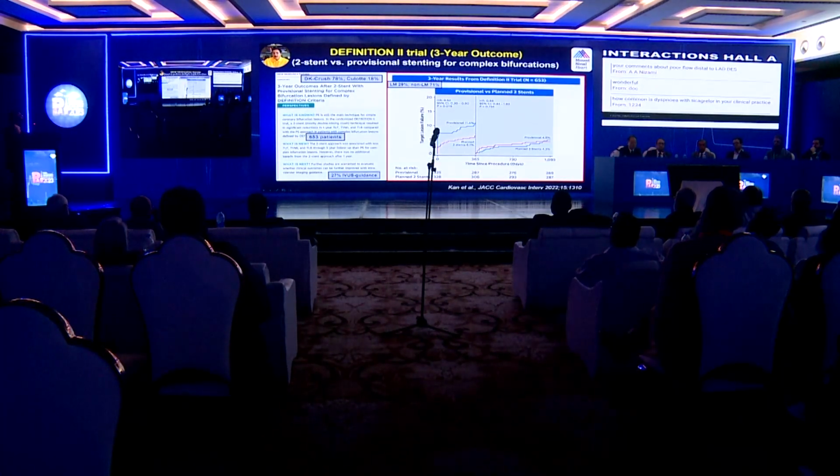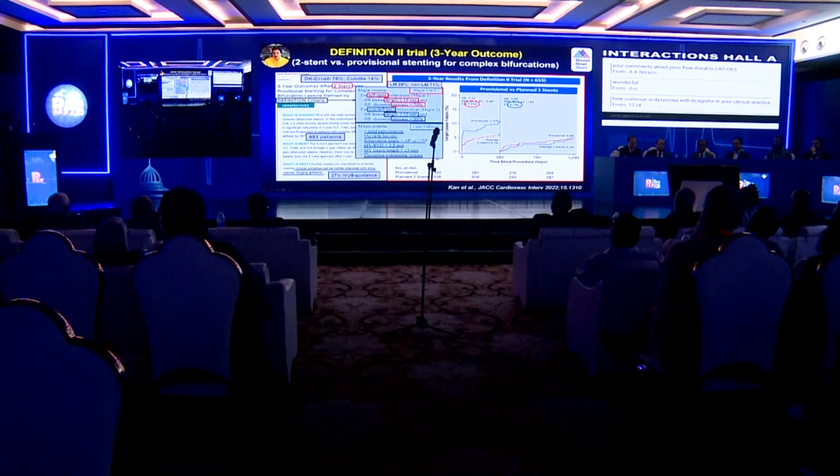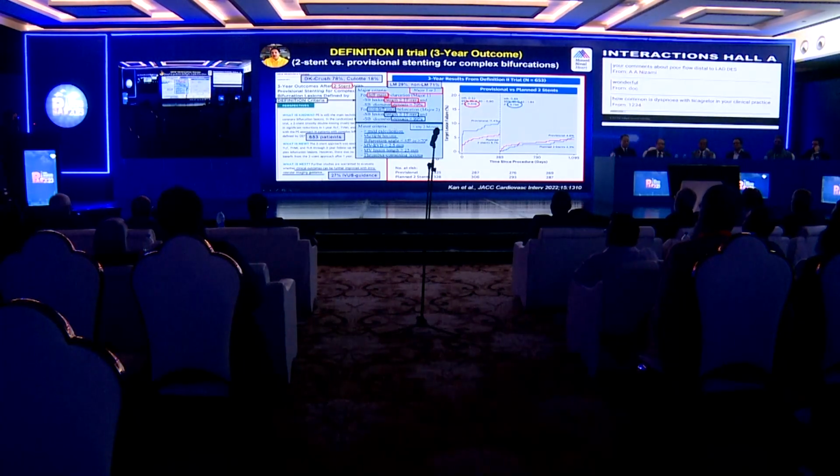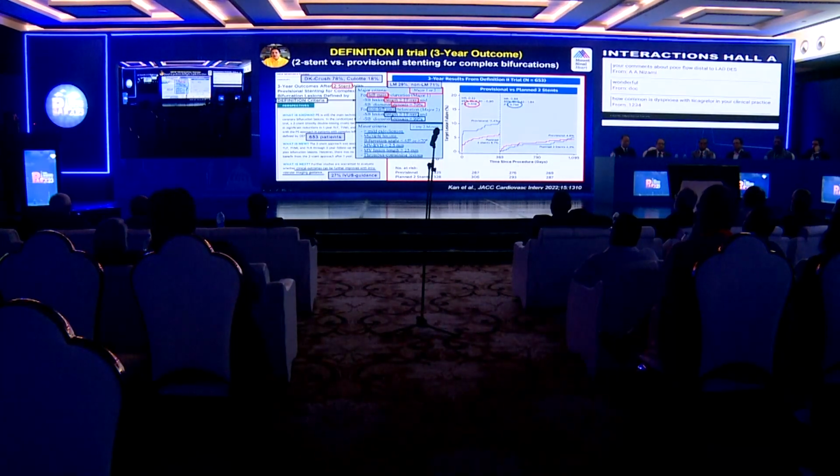The DEFINITION criteria I discussed a little earlier, and very important is the same thing: major criteria and minor criteria for left main and non-left main. Essentially, Medina 111, stenosis greater than 70%, length more than 10 millimeters, and the minor criteria are very small. If you see here in the DEFINITION trial, this was non-left main.